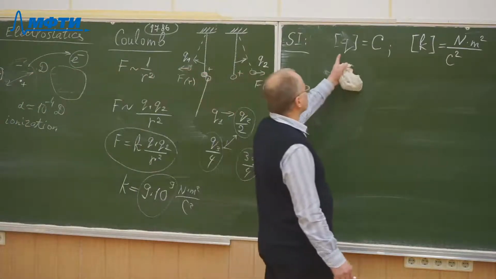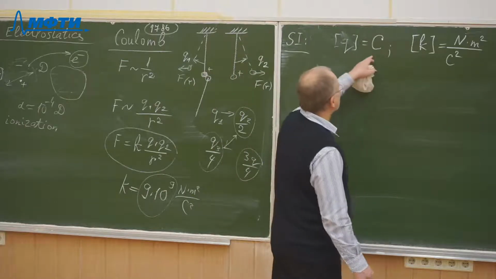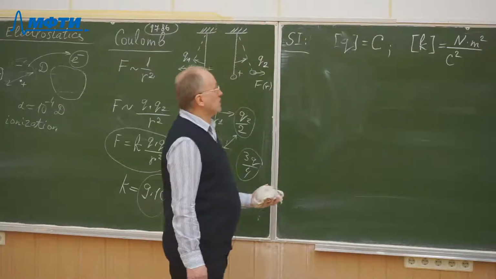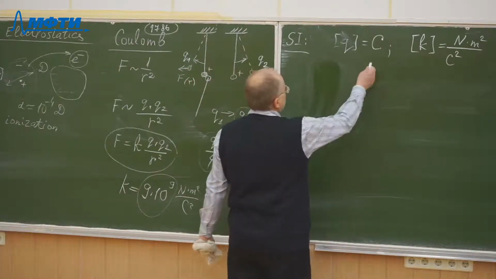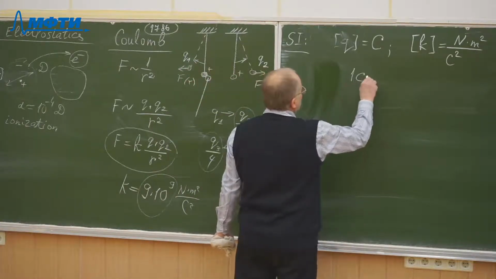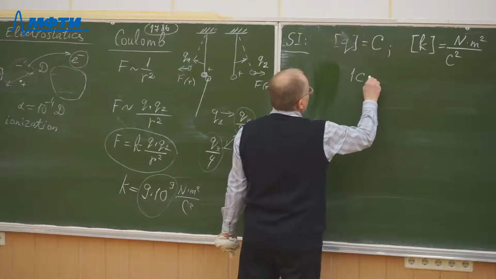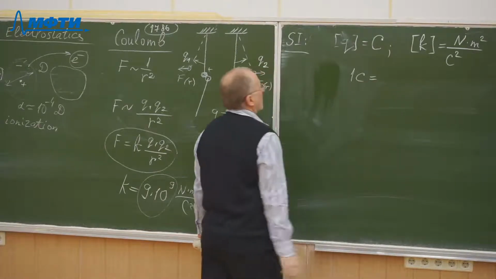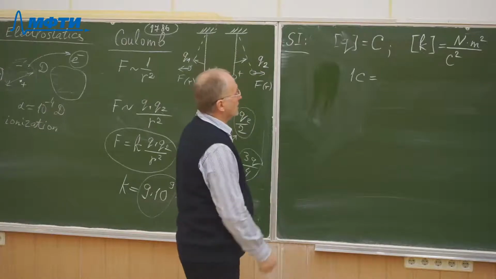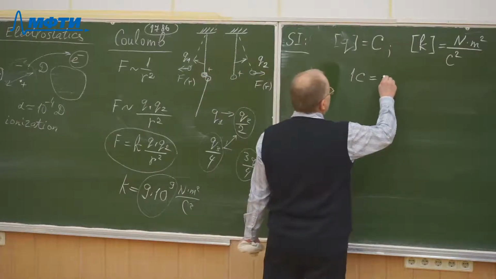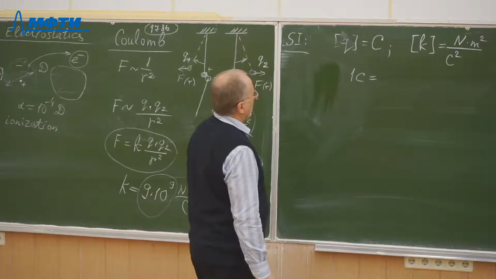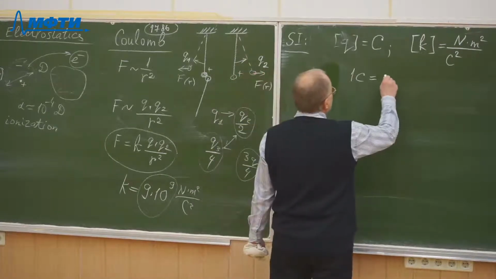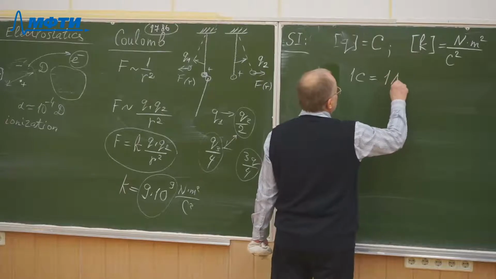Why have people chosen such a large amount of charge? A coulomb is defined as such a charge: 1 coulomb is the charge which is transmitted through a wire during 1 second if the strength of the current is 1 ampere.